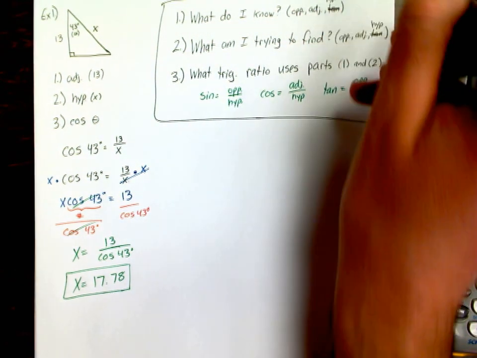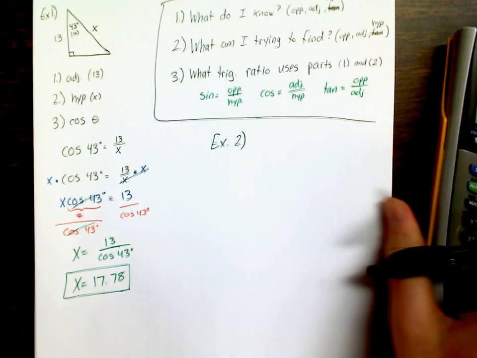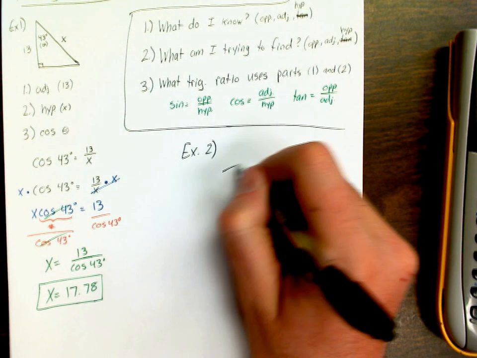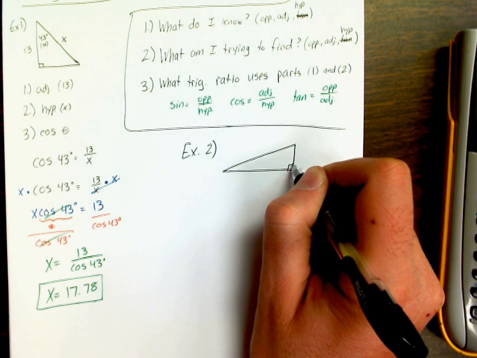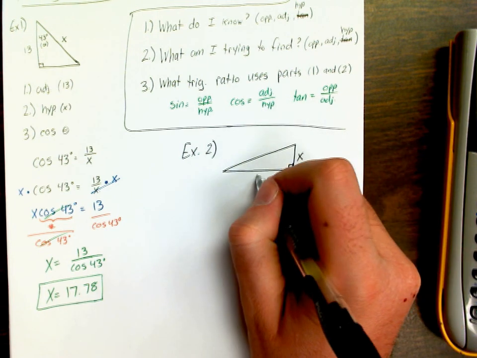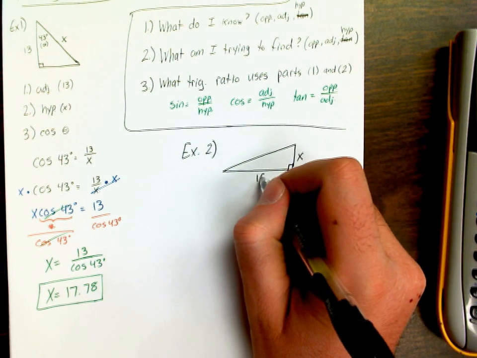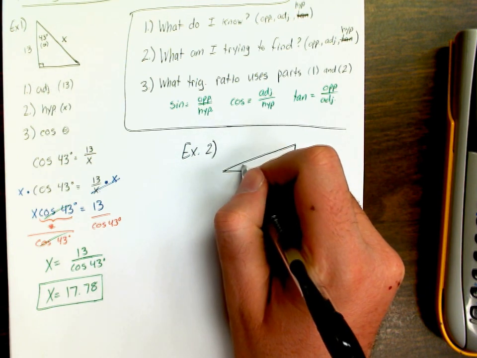In example 2, let's do a right triangle. It looks something like this. Let's call this x. Let's call this 15. And this angle in here, we're going to call 28 degrees.